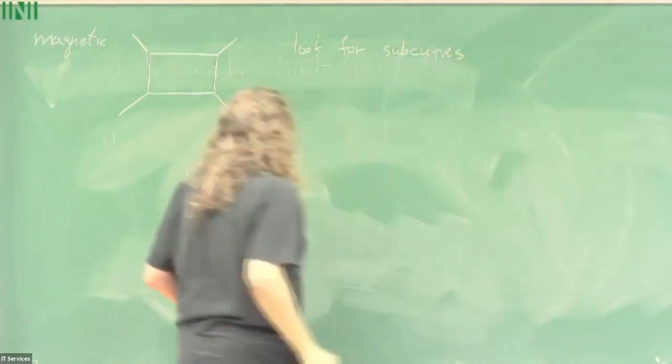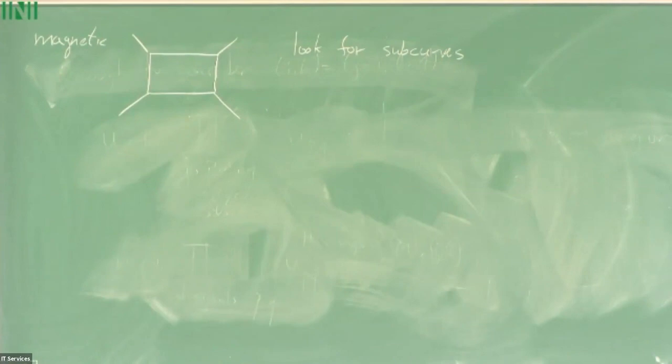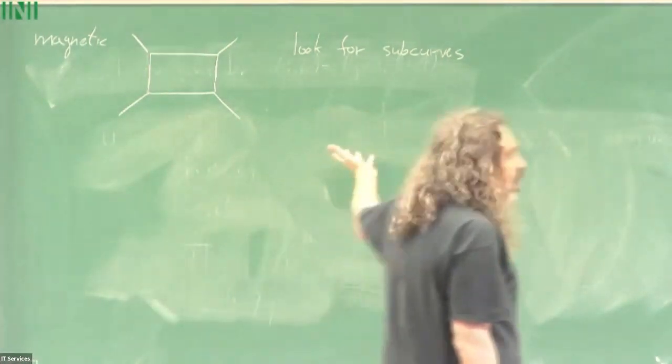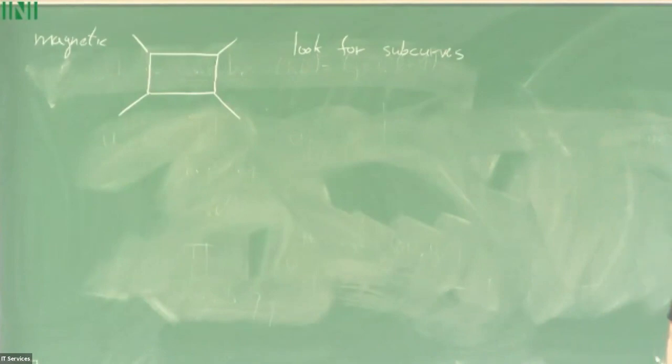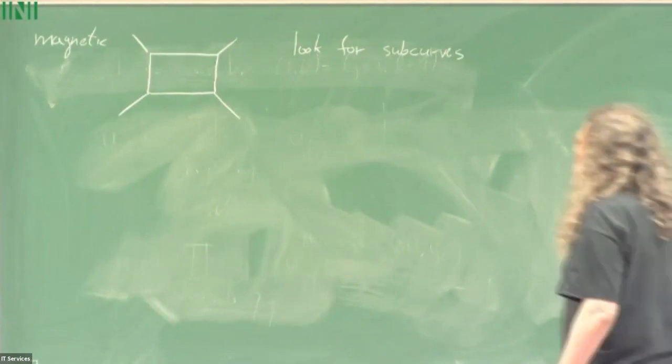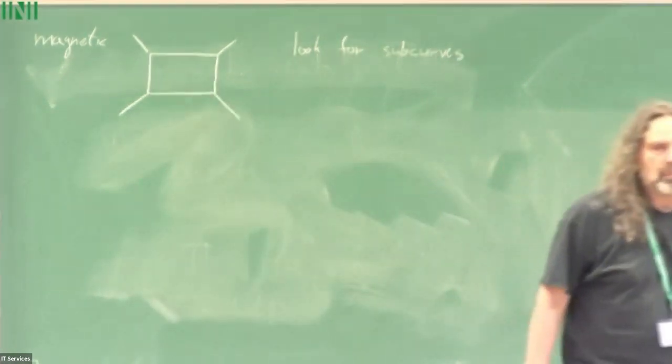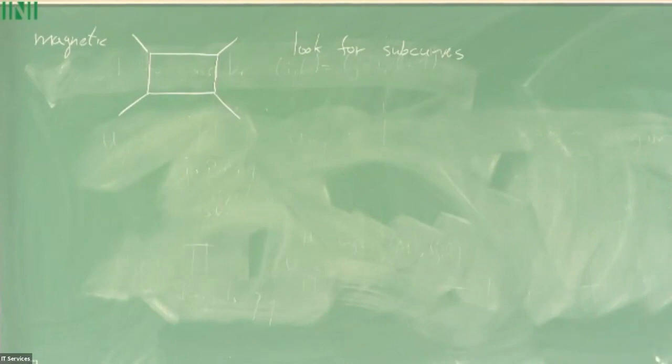A subcurve is a curve which satisfies the properties of a tropical curve, and it's made out of the objects I already have. So here, this configuration doesn't have a subcurve. It's just only the subcurve of itself.